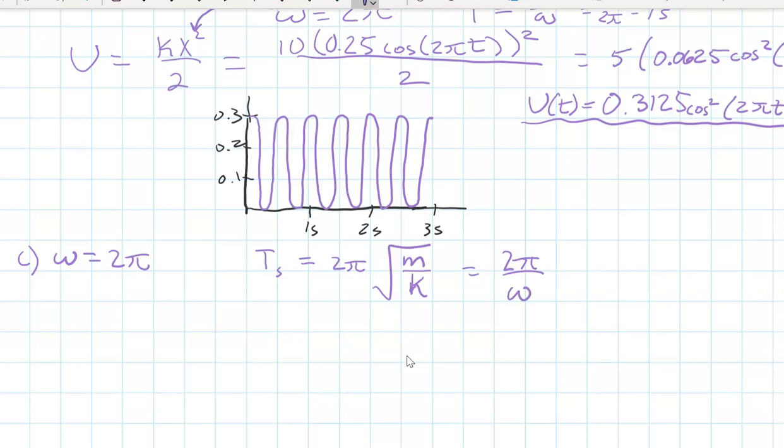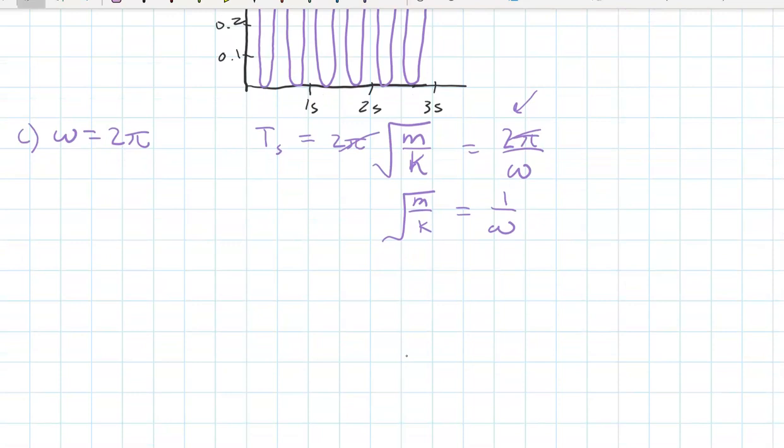So what I'm going to do is solve this whole thing for omega, and then I should be able to solve it for m, because remember, I'm trying to get m for part C. So I'm going to cancel out those 2 pi's. So then what I'll end up with is the square root of m over k is equal to 1 over omega.